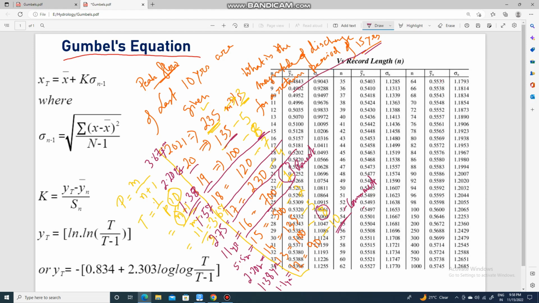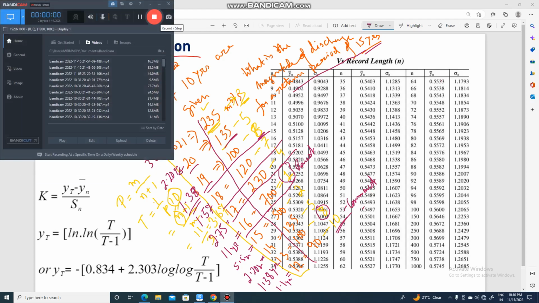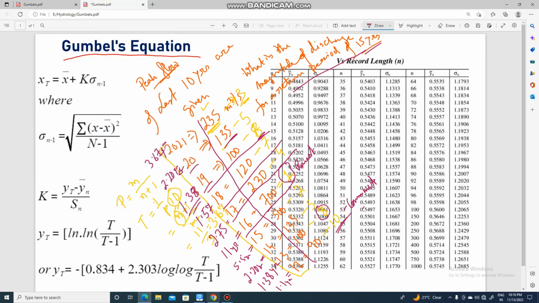Your next step will be to find the mean of all these events. We have found out the respective return period of each of the events.